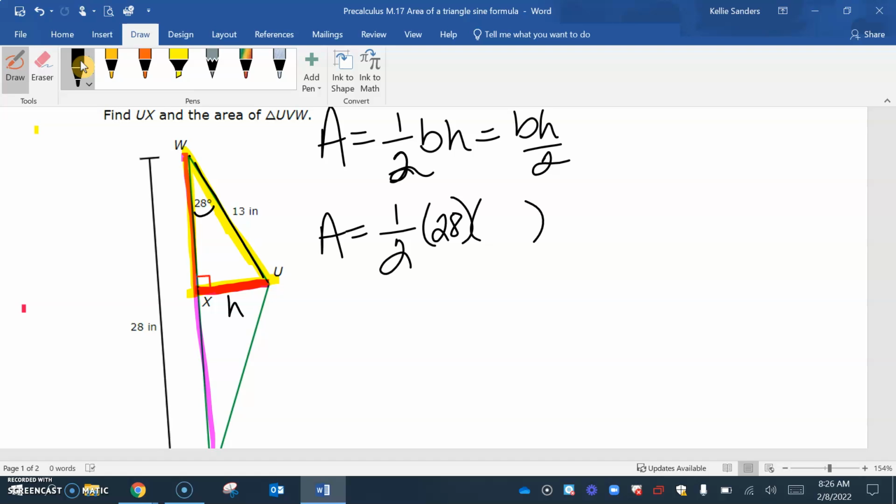So from 28 to H is opposite 28, and this is your hypotenuse, and opposite and hypotenuse is sine, right? So sine 28 equals opposite over hypotenuse, which is H over 13.